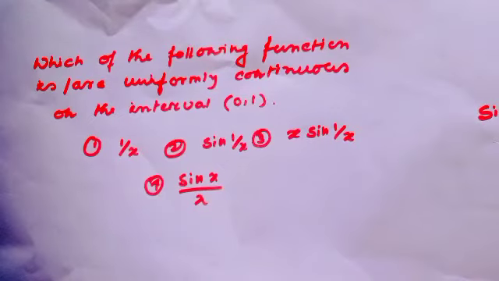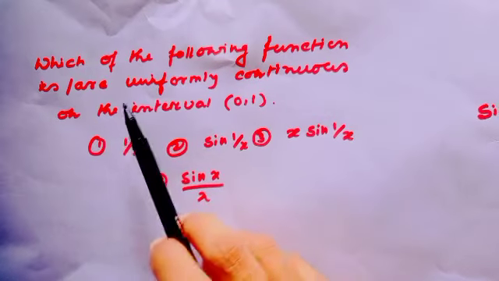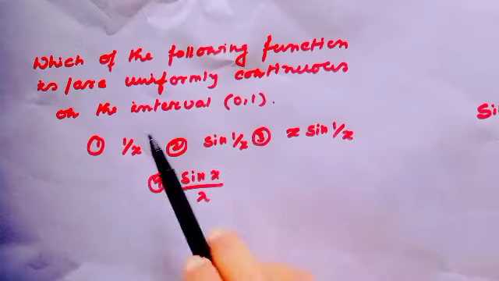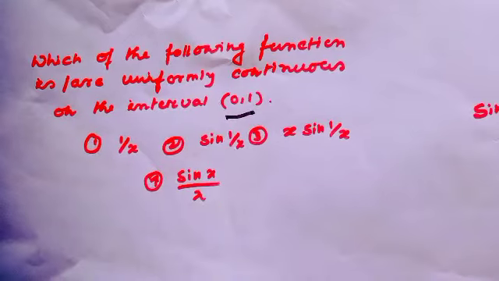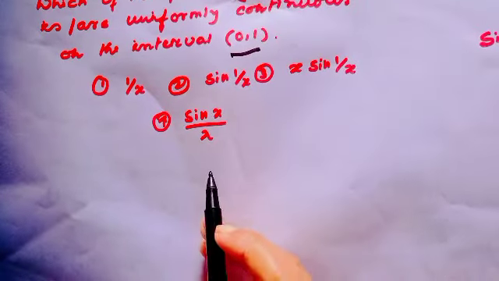Now, I will discuss one question of CSIR NET. The question is, which of the following functions is or are uniformly continuous on the open interval 0, 1? There exist rules by the restriction theorem.